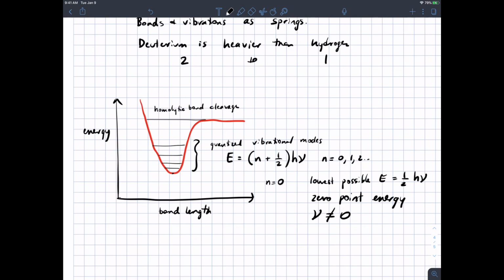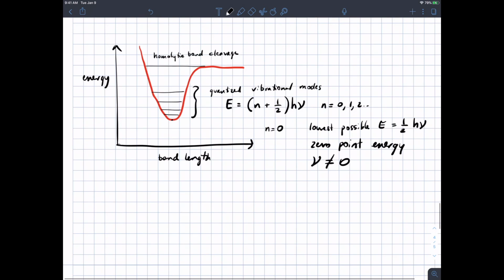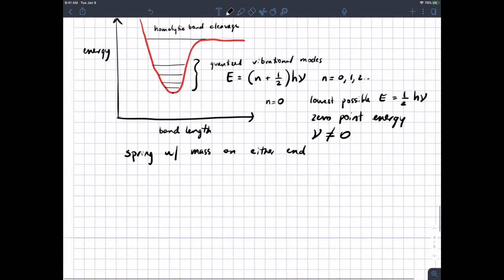All right. So what does this mean specifically for us in our kinetics experiments? Well, if you model a bond as stretching of a spring with mass on either end, suddenly you're in the classical physics area, and that vibration should equal 1 over 2 pi times the square root of k, which is the force constant for the spring.